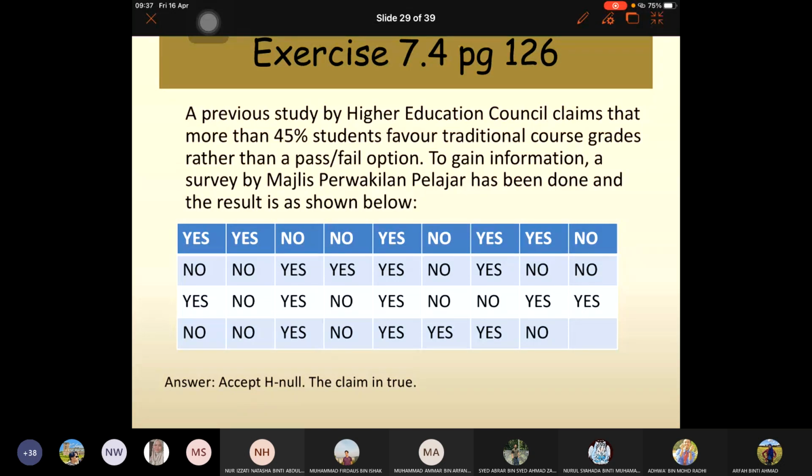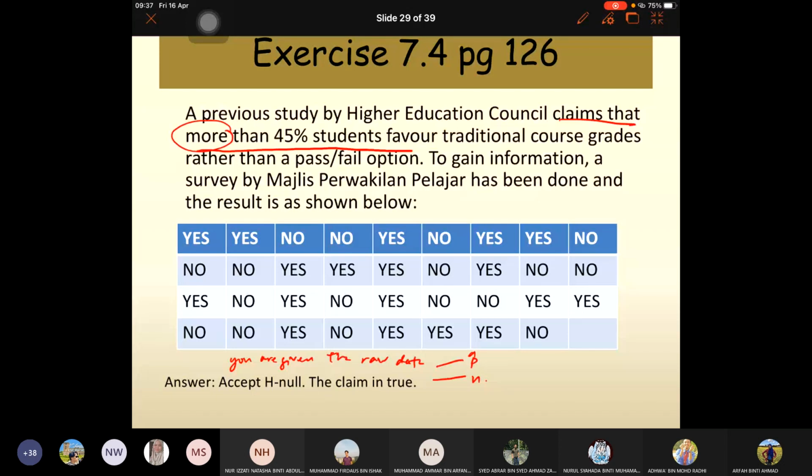So in this example, if you can see, dia bagi dia punya raw data. You are given the raw data. So kena kira awak punya P hat dan juga N daripada raw data ni. So dia punya claim that more than, ada perkataan more than 45, lebih 45% student favor traditional course grade.